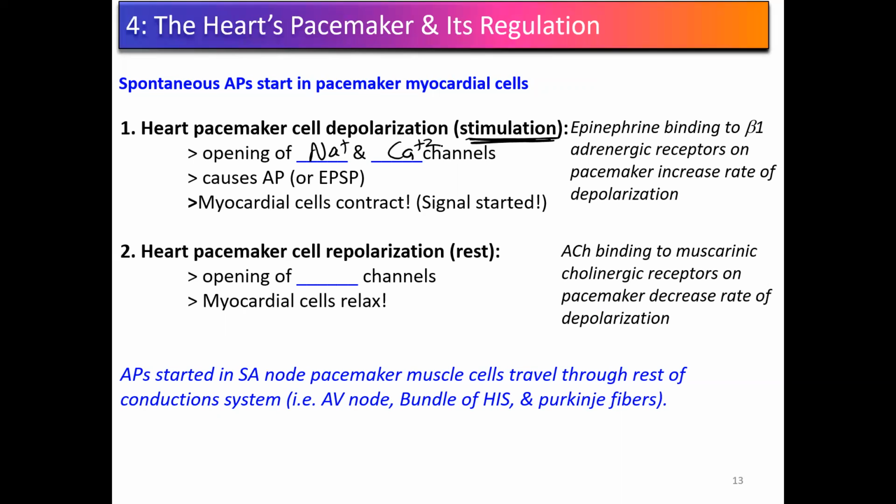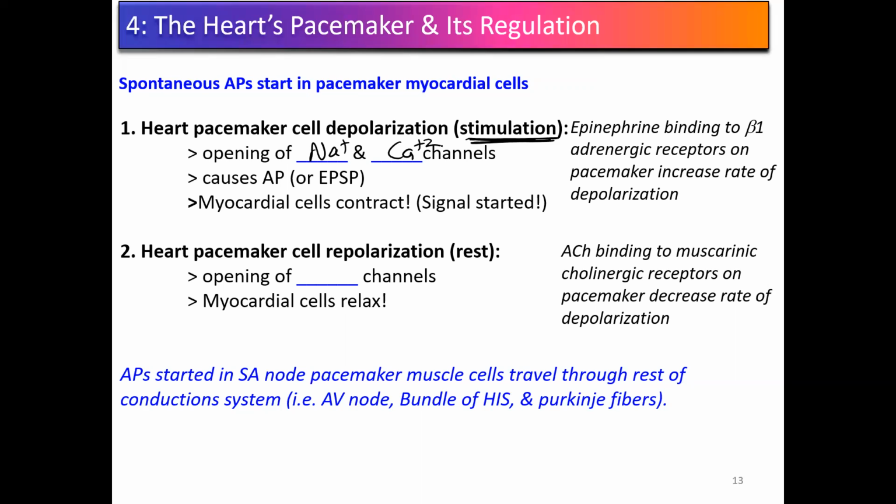The increased rate happens at the pacemaker, and then the rest of the conduction system just follows the lead that the pacemaker gave. If the rate goes up in the pacemaker, then it goes down to the AV node, the bundle of His, or Purkinje fibers. The signal is faster because the pacemaker has been set and influenced by epinephrine.